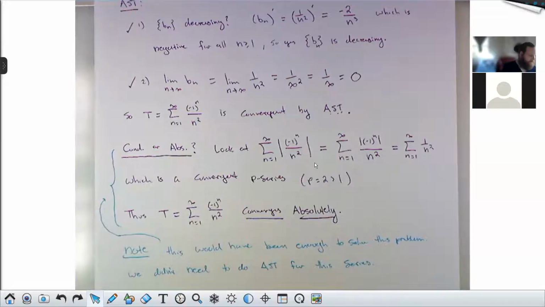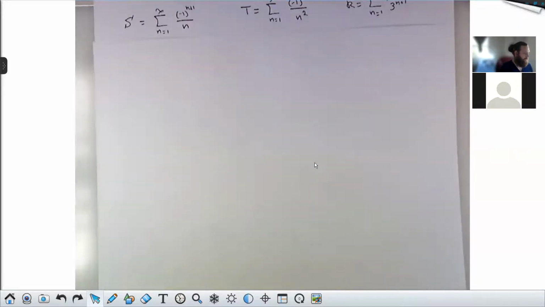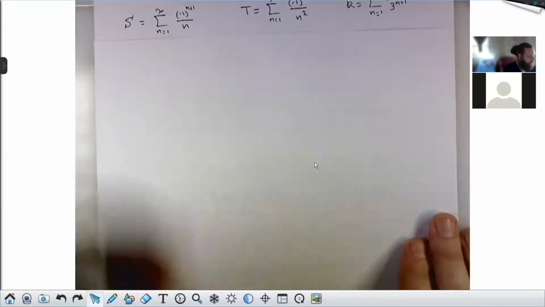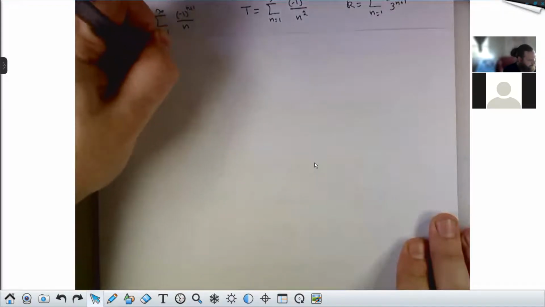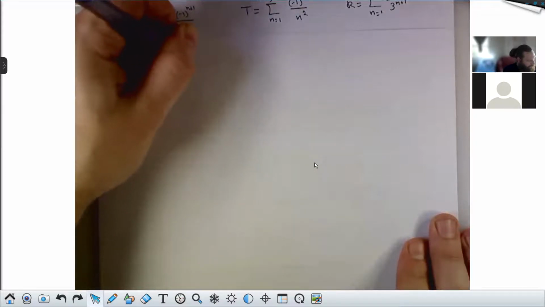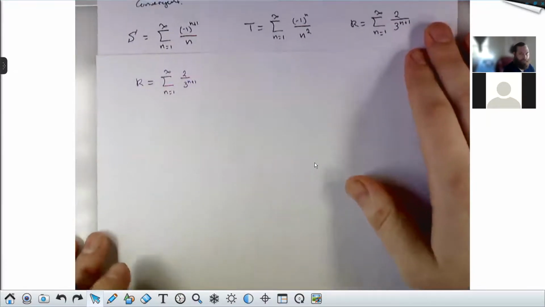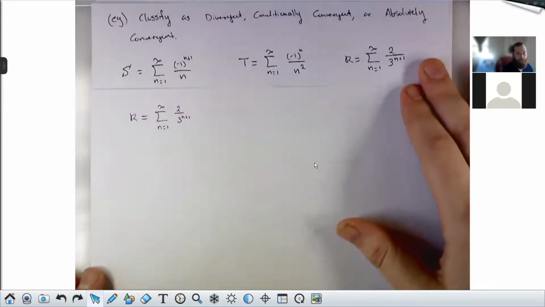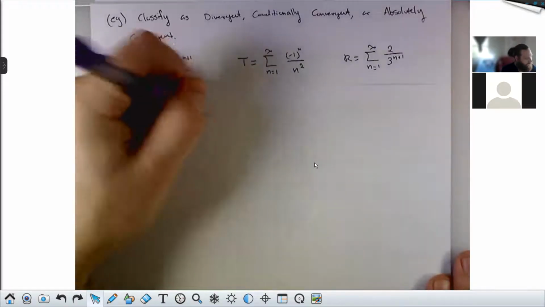Okay, let's take a look at the last series from this example, the series R, which was the sum of 2 over 3 to the n plus 1. Now, this is not an alternating series. But I can do some algebra with this.